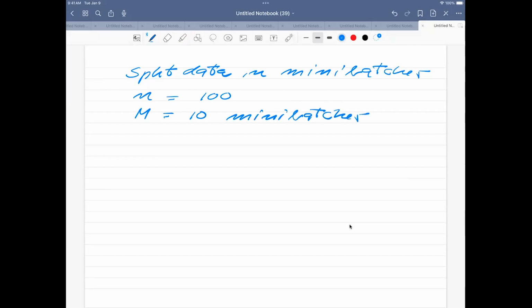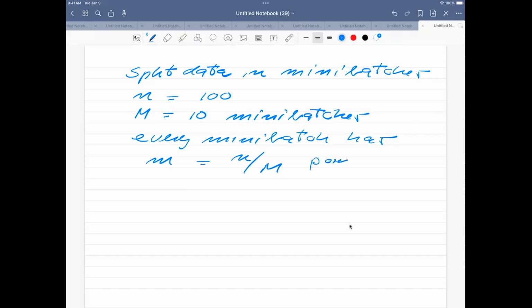This means the following, that every mini batch has little m equal to n divided by M points. So in this specific case, we have only 10 points.